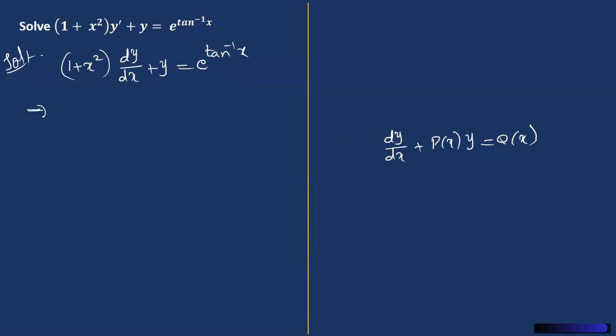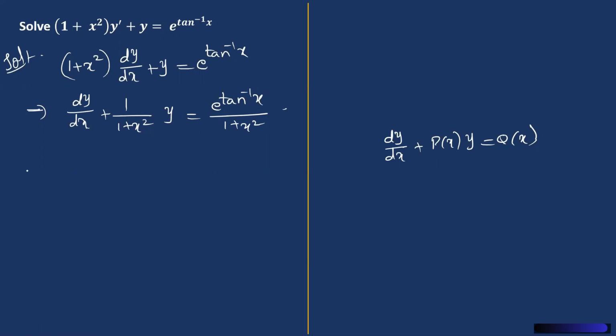When we divide everything by 1 plus x square, we get the first term as dy by dx plus 1 by 1 plus x square into y is equal to, on the right hand side, e to the power of tan inverse x by 1 plus x square. Now it is clearly a linear differential equation in y. Look at this: instead of p of x we have this, and instead of q of x we have all this.